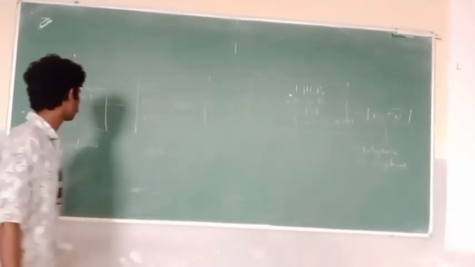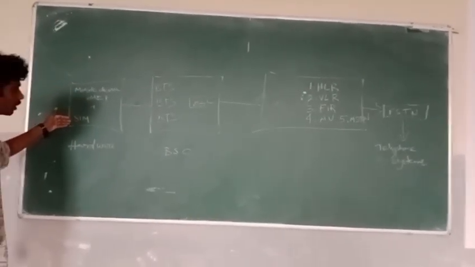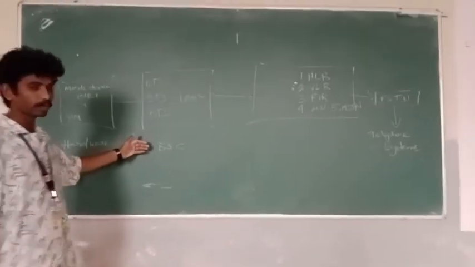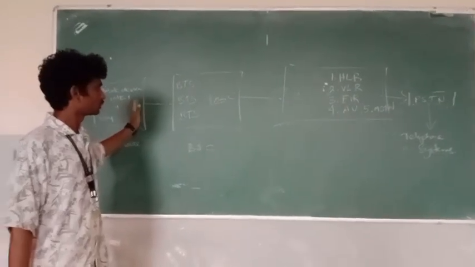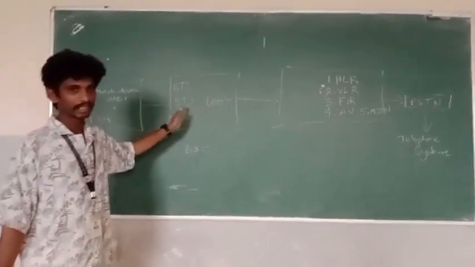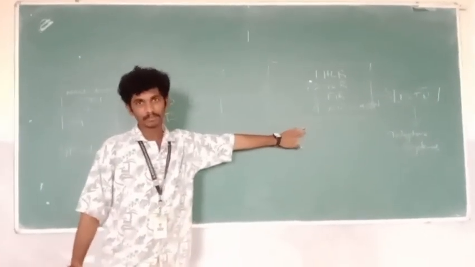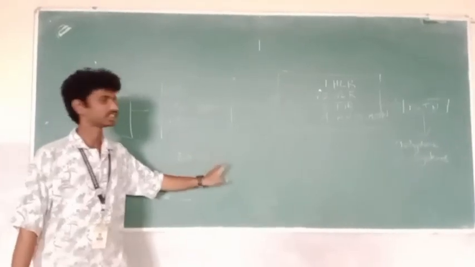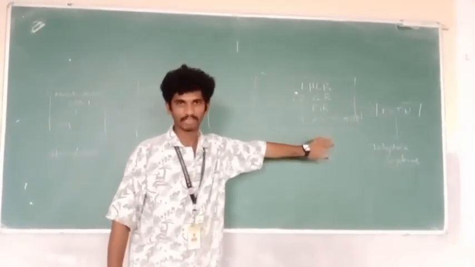In the communication process, we have a mobile device with an IMEI number and SIM card. These are hardware devices. Coming to the base station, in the communication process the base station has the details of these and these five categories. With these base stations and these five types of categories, we complete the communication process. Thank you.